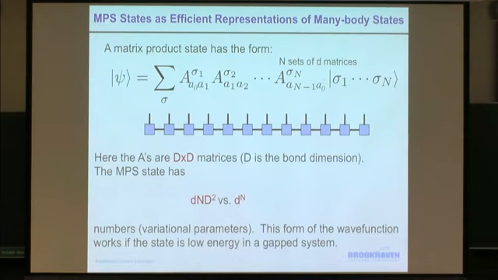And if we can get away with using the matrix product state to describe the state of interest, then we will be in much better shape. Now, generically, this will be enough if we are interested in describing states which have a small amount of entanglement in them.